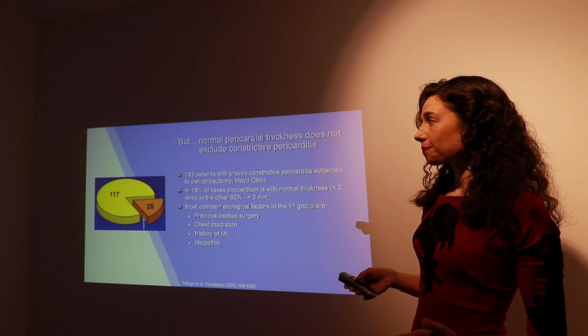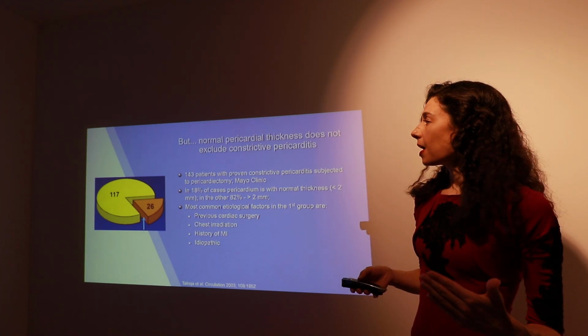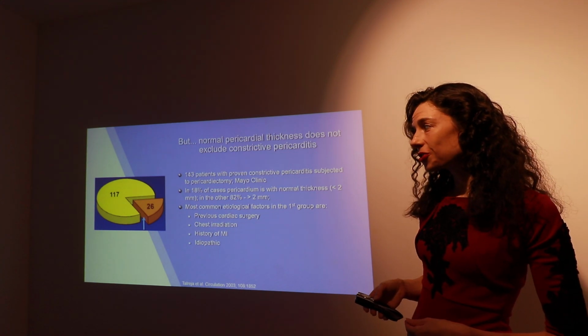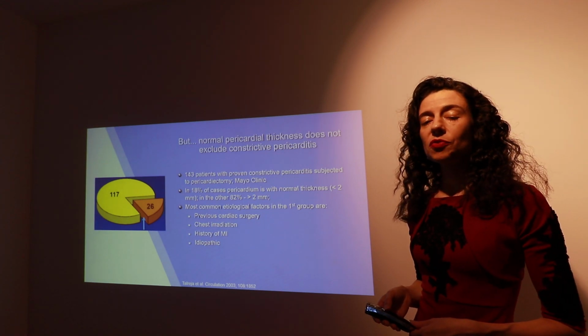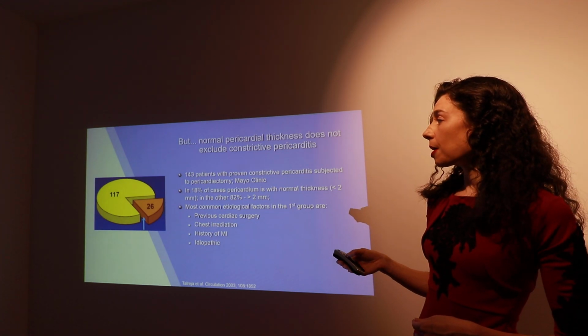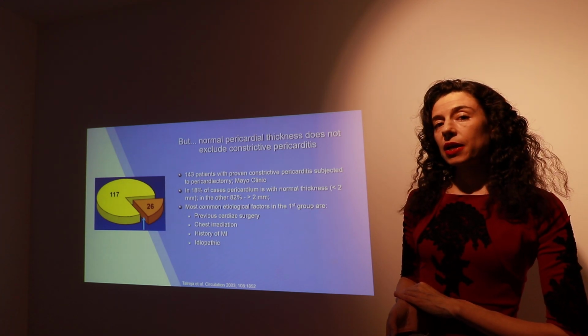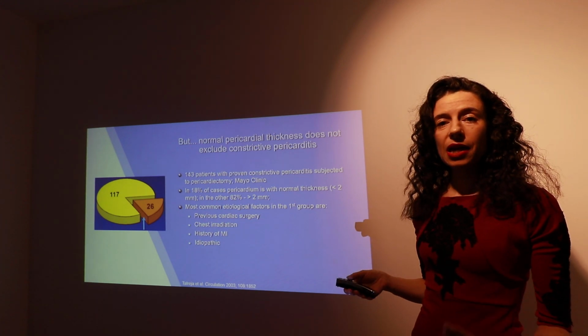But normal pericardial thickness does not exclude constrictive pericarditis, and in this large study from Mayo Clinic you can see that in 143 patients with a proven constrictive pericarditis and subjected to pericardiectomy, nearly one fifth of them had normal pericardial thickness.